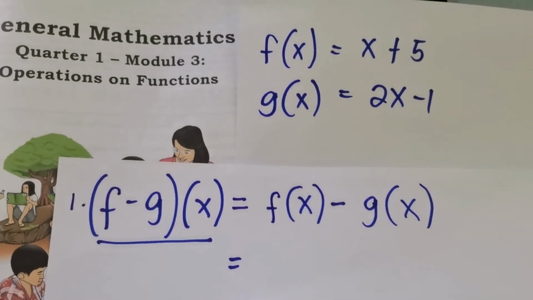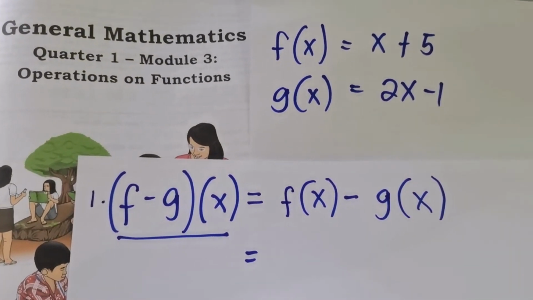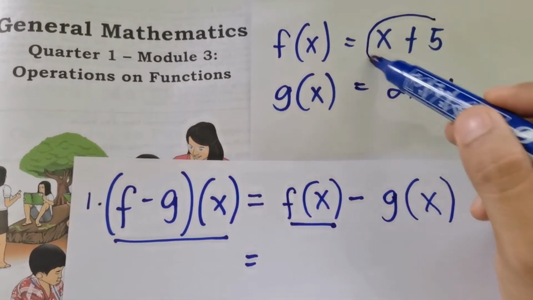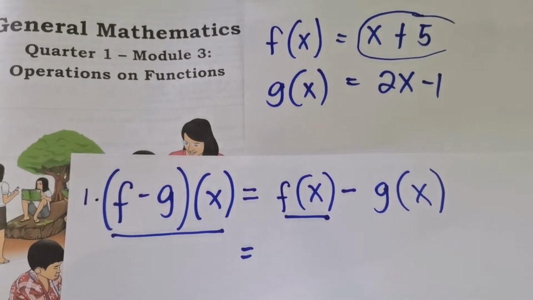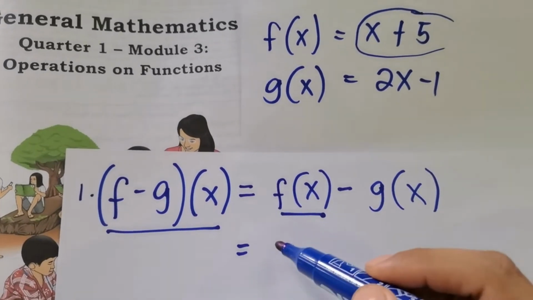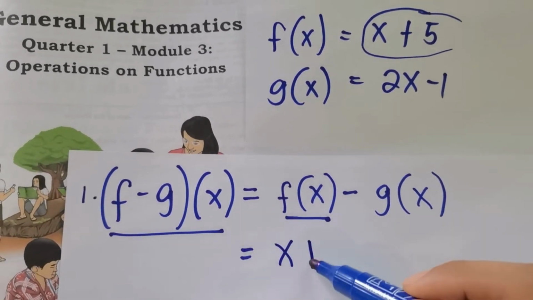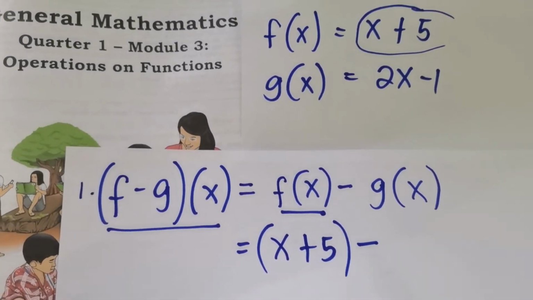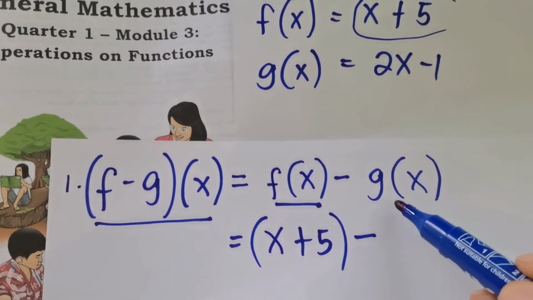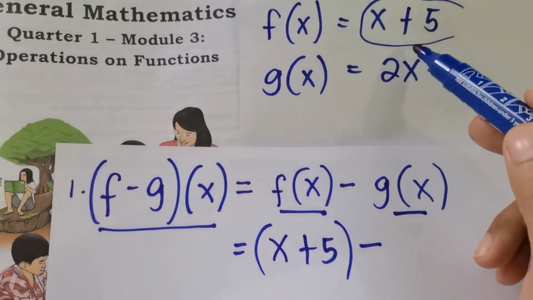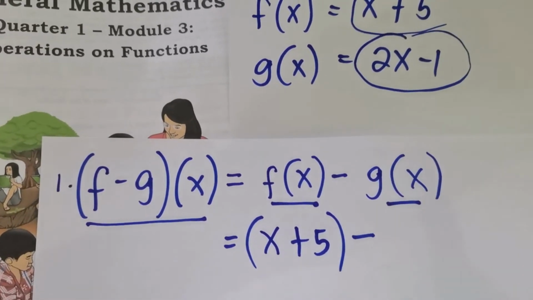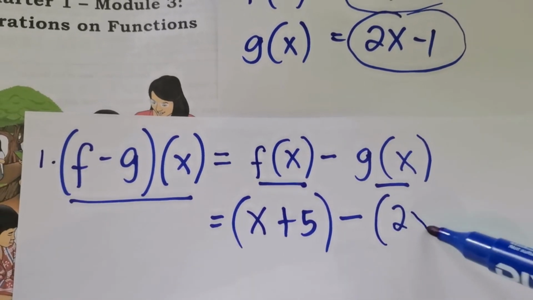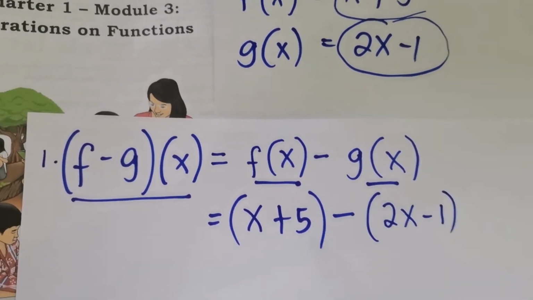Now we'll have substitution. F of x is equal to x plus 5. We have x plus 5 minus our g of x, which is equal to 2x minus 1. So we have 2x minus 1.